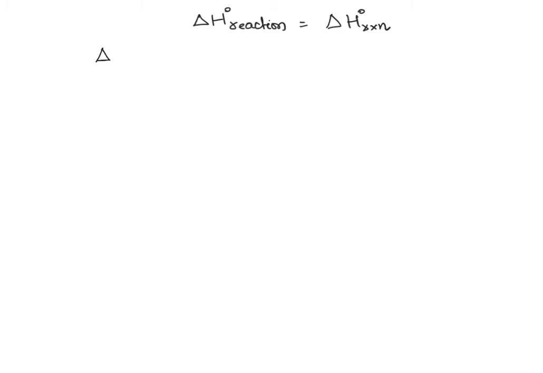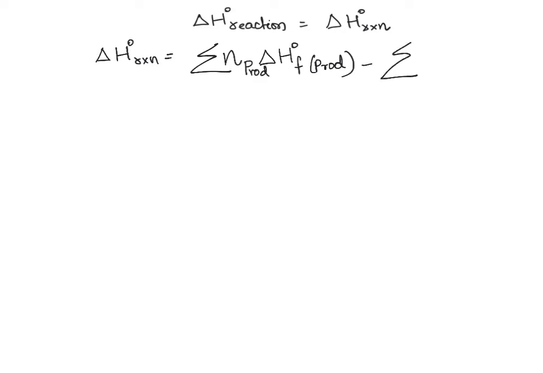One way of calculating is delta H0 reaction is equal to sum of moles of products multiplied by standard enthalpy change of formation of products minus sum of number of moles of reactants multiplied by standard enthalpy change of formation of reactants.